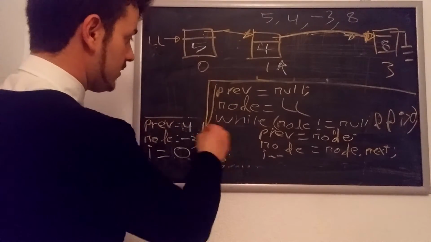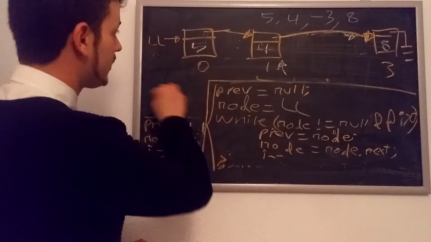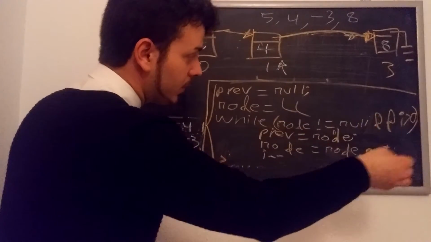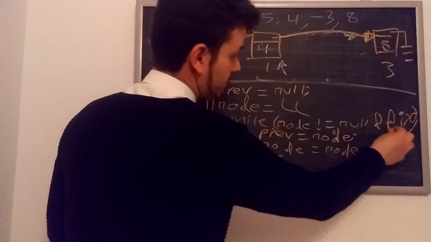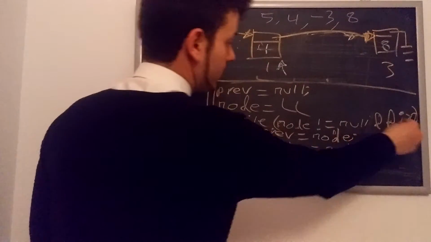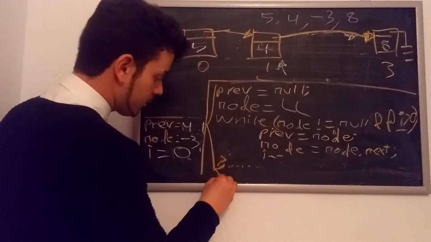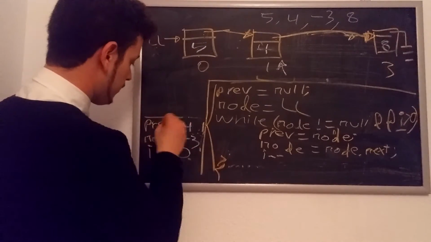So basically, this is the structure for navigating through a linked list, and once you have navigated to where you want to go, either the end of the list or a specific node, using this counter here, you just do whatever you want to do with node and prev here.